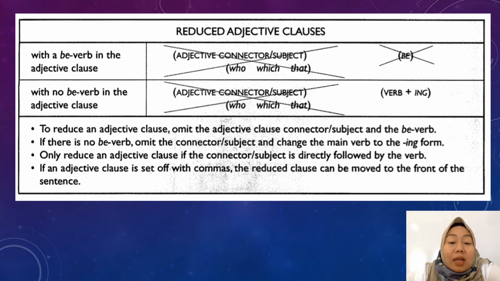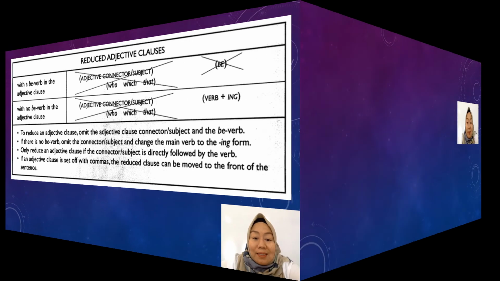If the adjective clause doesn't have a be verb, then what we can do to reduce the clause is to omit the adjective clause connector and change the verb into verb-ing. All right, that is for skill 13, everyone. And now let's take a look at skill 14.